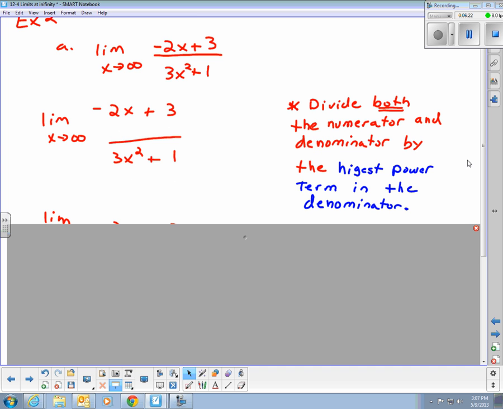So we're going to locate the highest power term in the denominator, in this case the x squared. And then we're going to simply divide everything in the numerator by x squared and everything in the denominator by x squared.